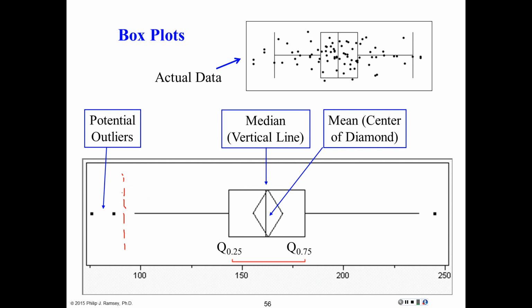They're typically not shown on the plot, and these are drawn at 1.5 times the IQR from each end of the box. And similarly, we'd have one at the other end.